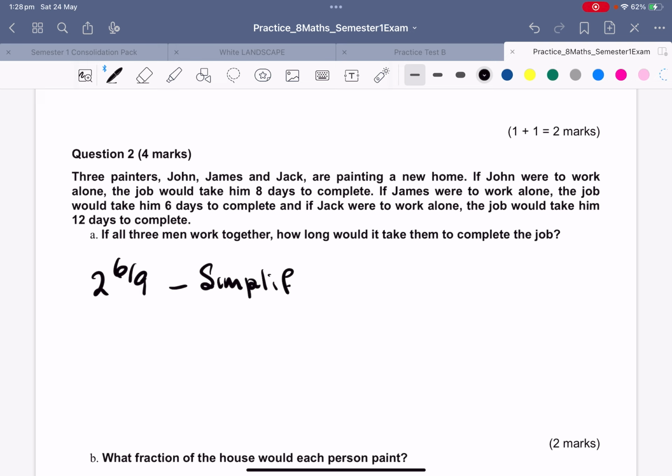Simplify, please. So 2 and 2/3, and we're talking about days. So make sure we put it in the right time unit, days. See if you can come to that answer. Good luck.